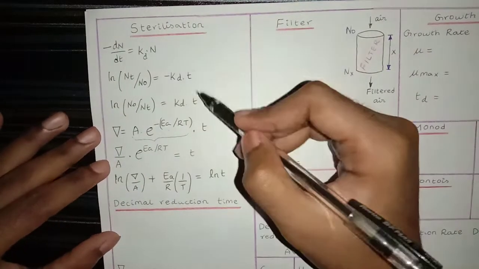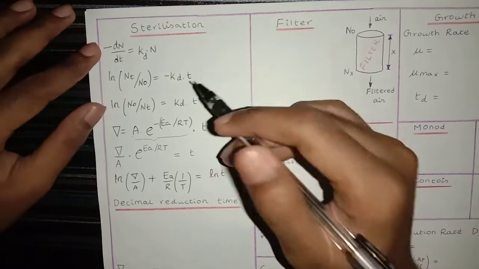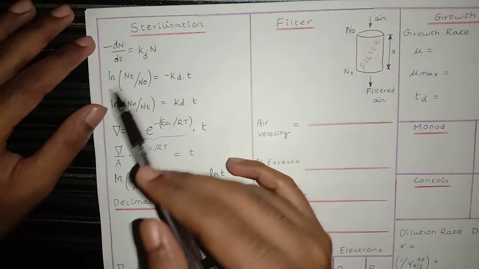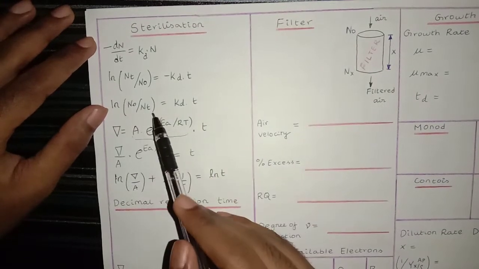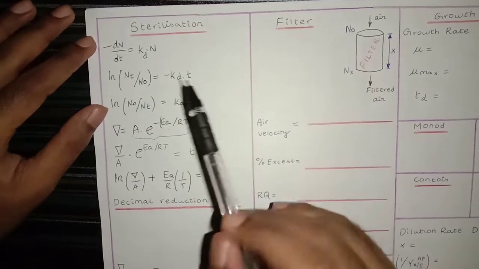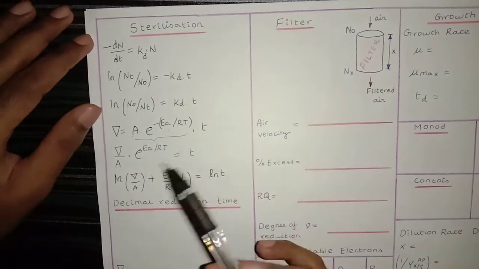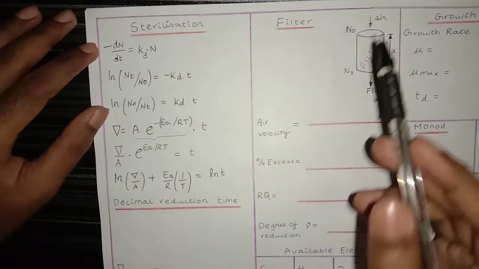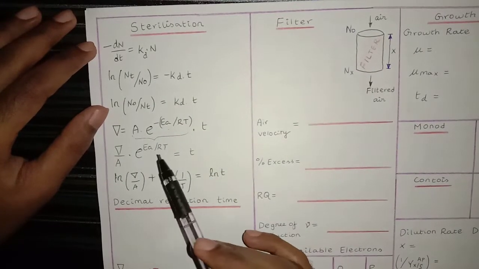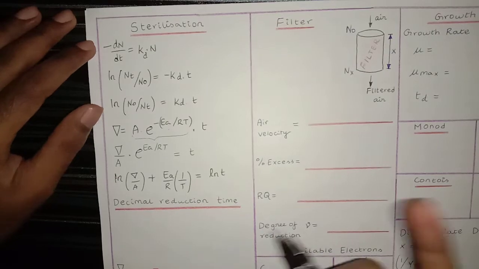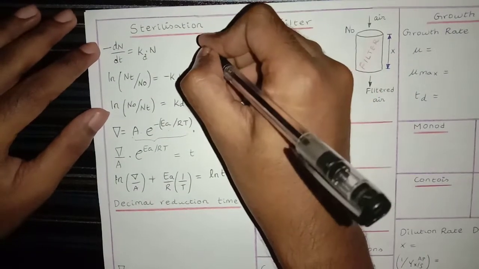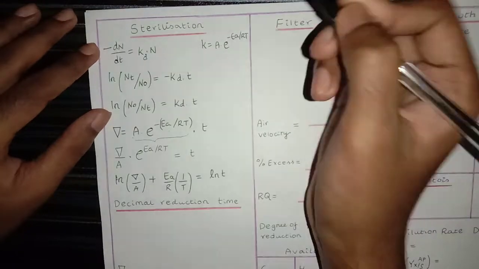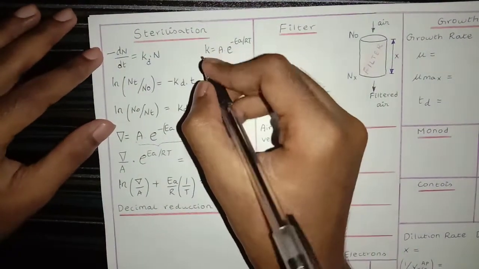Generally we do sterilization and measure the number of cells at different points of time by collecting samples. So we get the data of ln n0 over nt versus t. From this we get kd, which is the slope. Kd is the rate constant for cell death and it's related by the Arrhenius equation, A into e power minus Ea over RT. We can take ln on both sides.